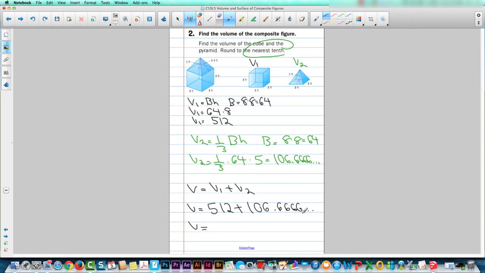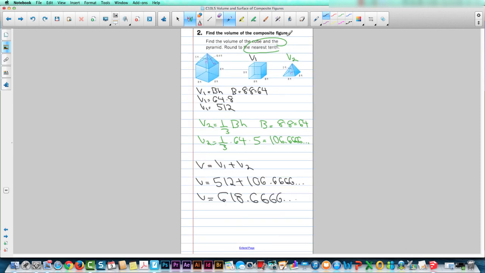Now, when you add these two numbers together, you're not typing 106.666 in the calculator only and then adding 512. You're using the original long number that was in the calculator and then adding the 512. Sometimes that makes a difference in what the answer is. So you definitely want to have the original number in there. When you add these two numbers together, you're going to get 618.6666 dot, dot, dot.